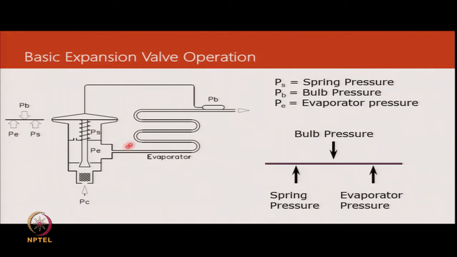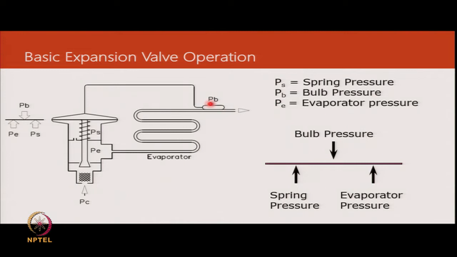Right. Now here what's going to happen is we have an evaporator. The pressure of refrigerant in the evaporator, which is acting on the lower part of the diaphragm, we represent by PE, P evaporator. So that pressure and the pressure coming from the bulb, PB.